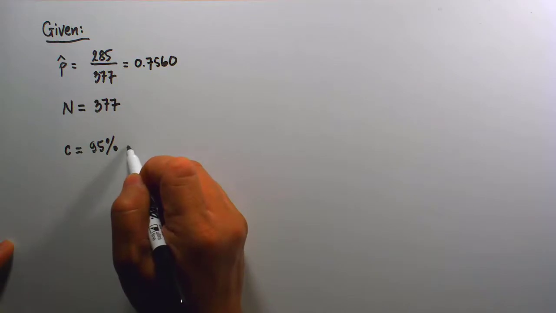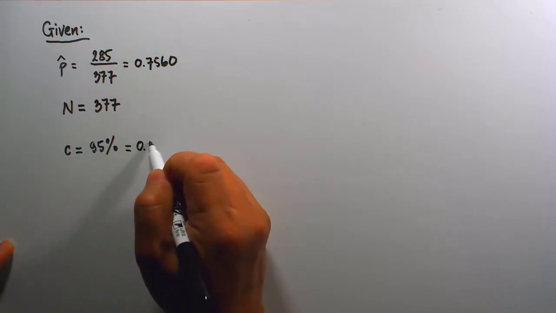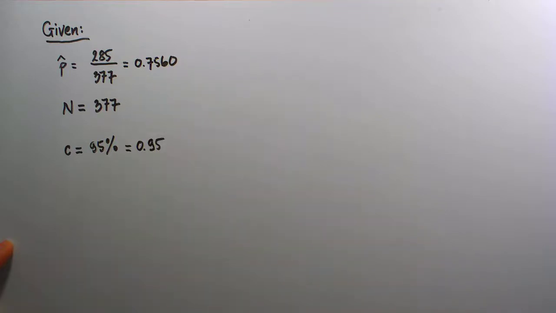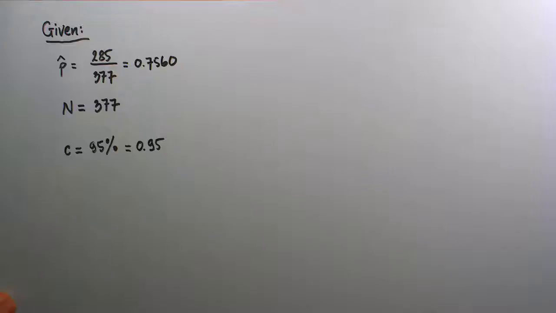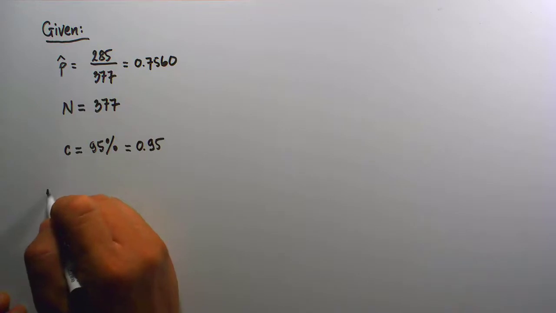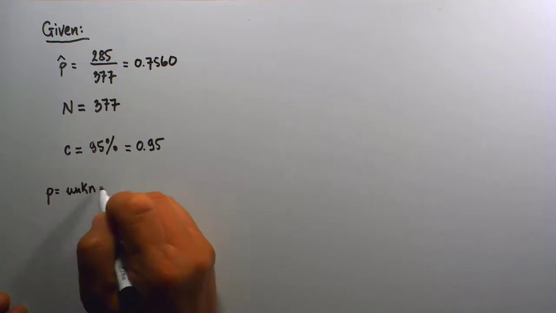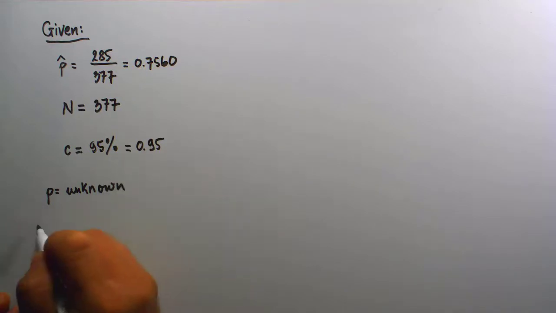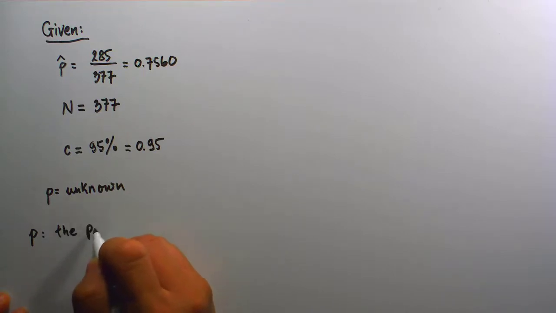But for calculation, we will be using this percentage as a decimal. So 0.95 is our confidence level. And so, of course, the true proportion of iPhone users that we are estimating right now, once again, P, is unknown. It's the unknown population proportion. And what does P mean? P means the population proportion.